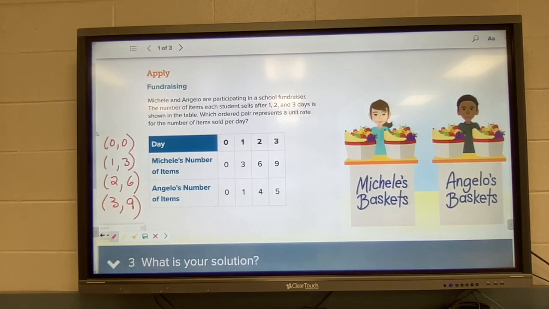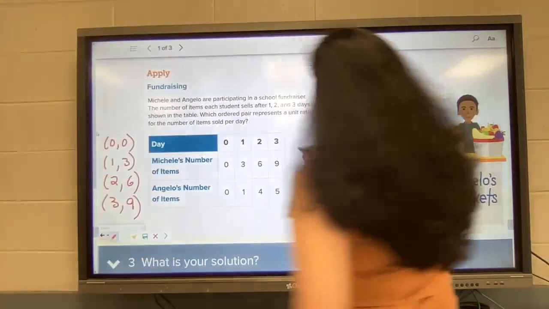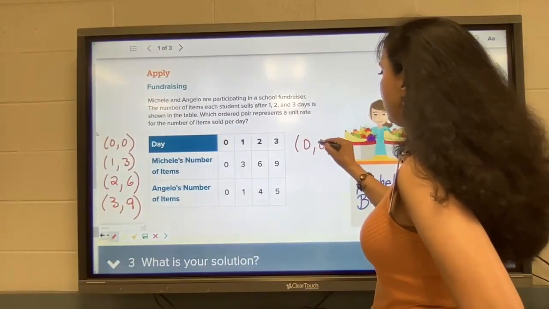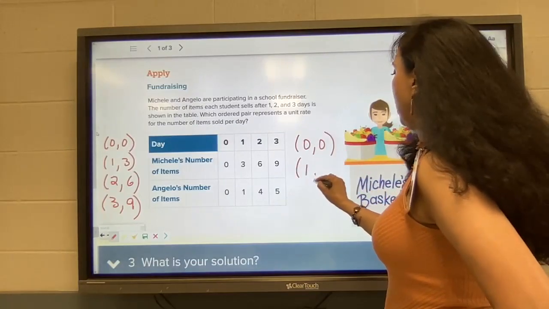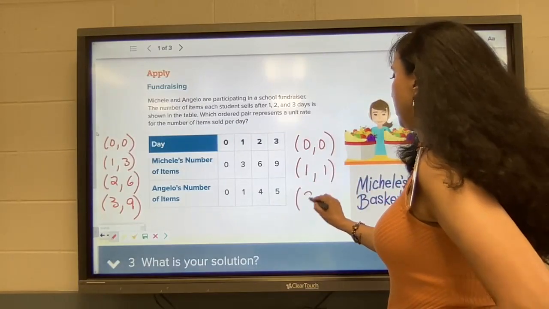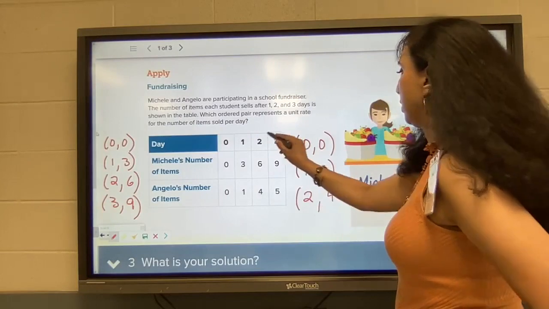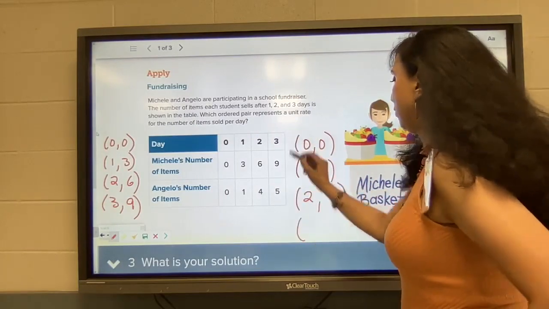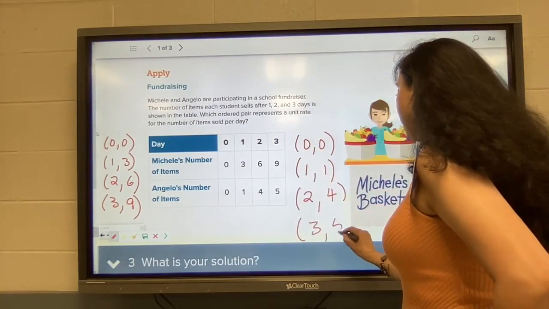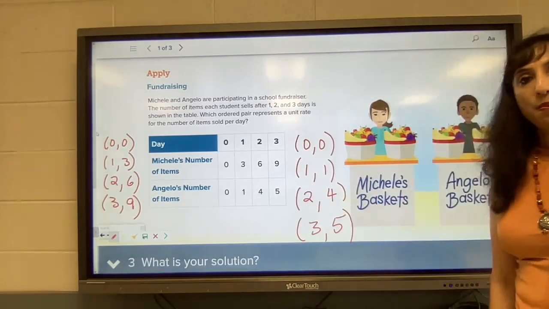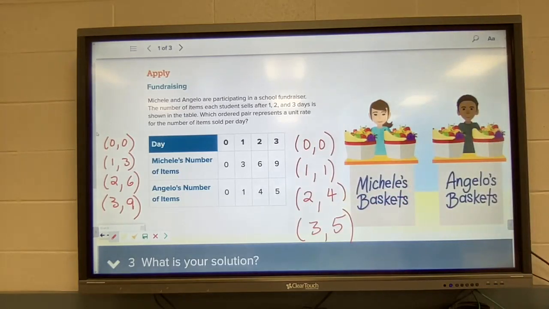And then let's look at Angelo's. Angelo's x and y: (0, 0), (1, 1), (2, 4), okay? And then (3, 5). So let's look at what has the same unit rate.